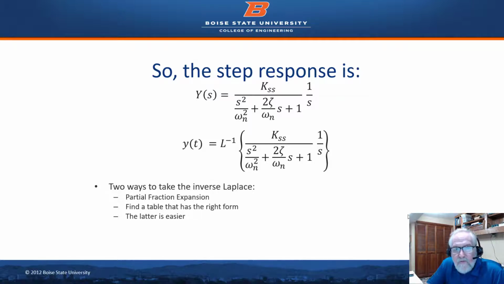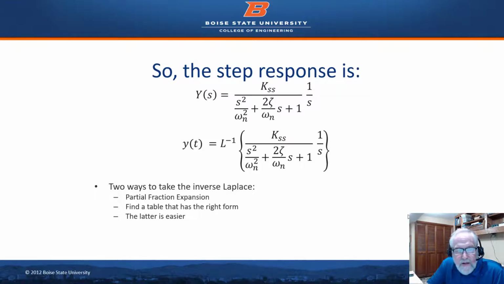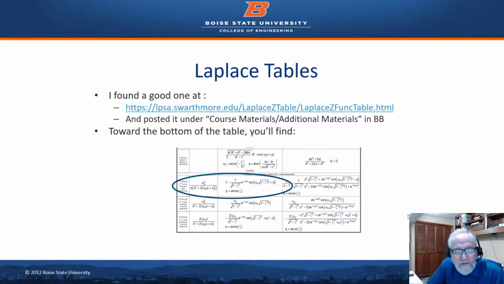This particular form isn't in the table in the back of the book. It's a pretty abbreviated table, so I didn't have to look very far in the literature to find this table. It's from Swarthmore in Pennsylvania. It's a very nice Laplace transform table. I put a link to it in Blackboard.